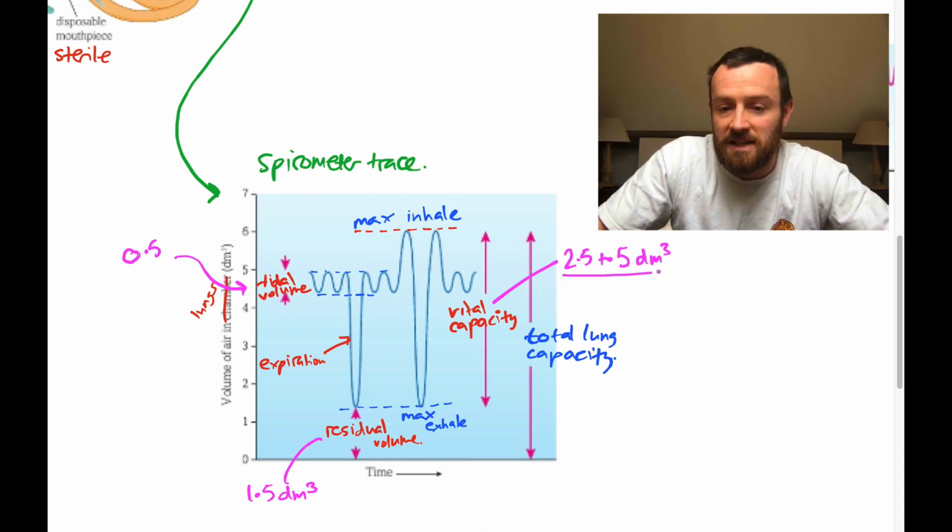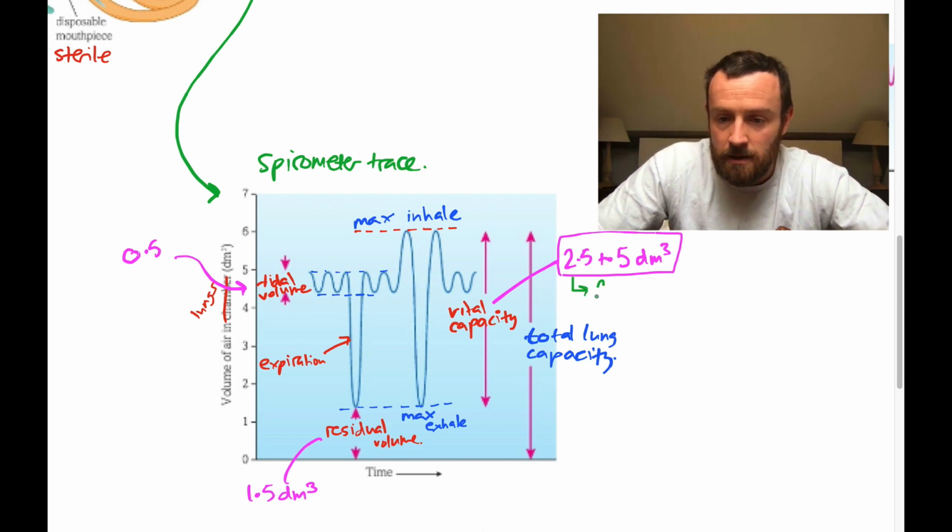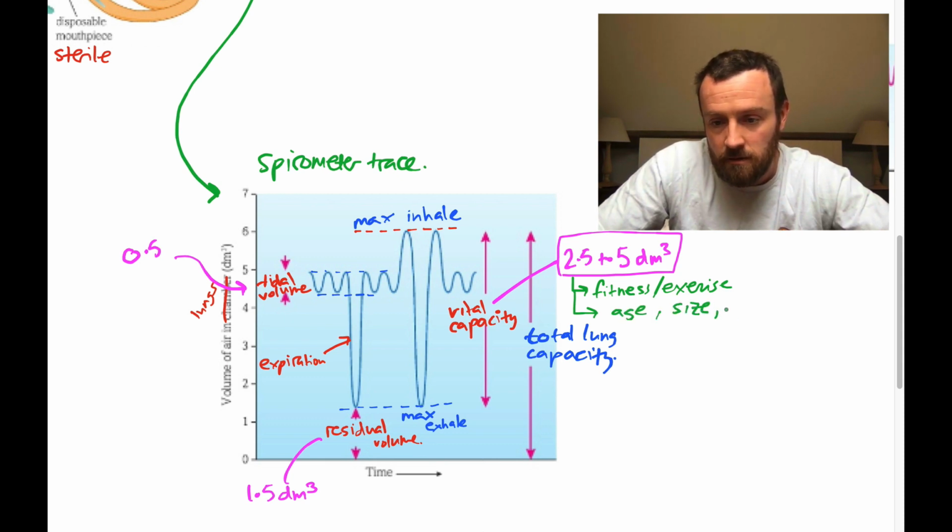And vital capacity is going to be affected by a lot of things. So let's talk about the things that affect vital capacity. Fitness/exercise is of course going to affect that. Age, size, and gender.